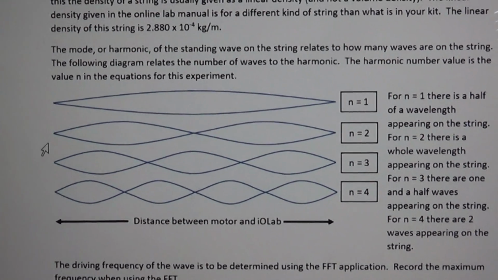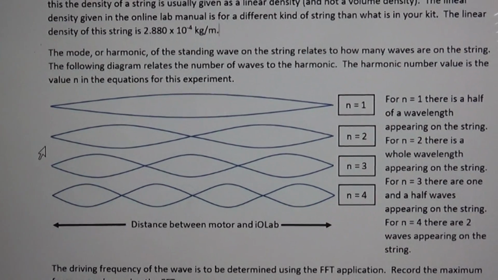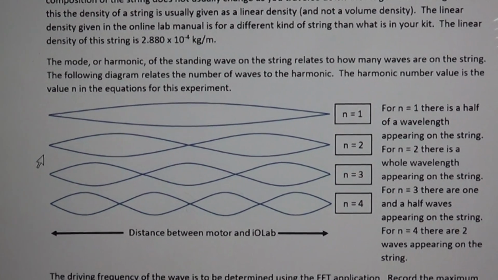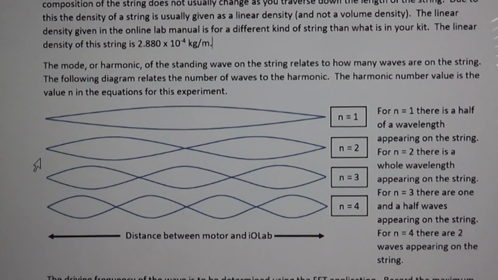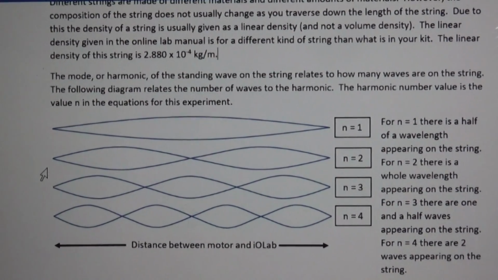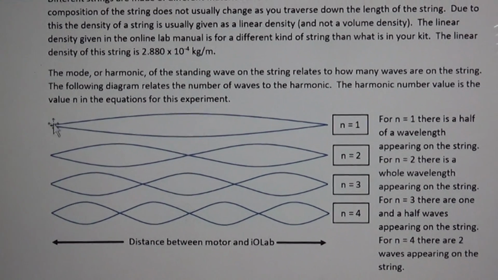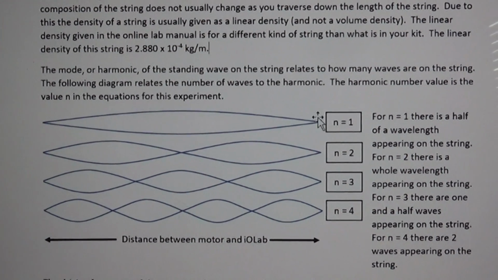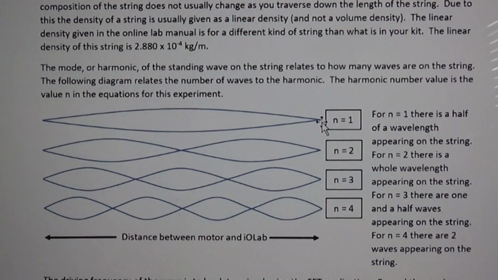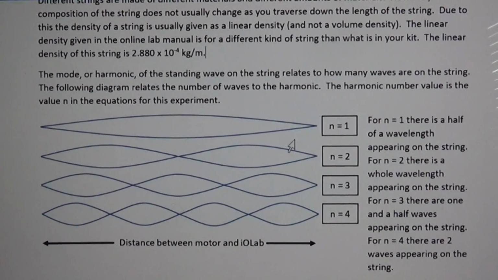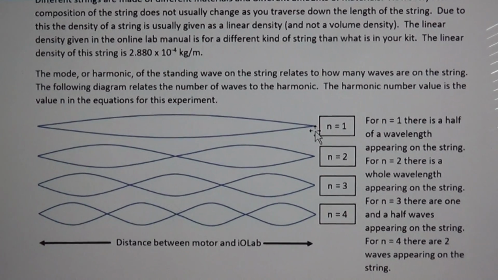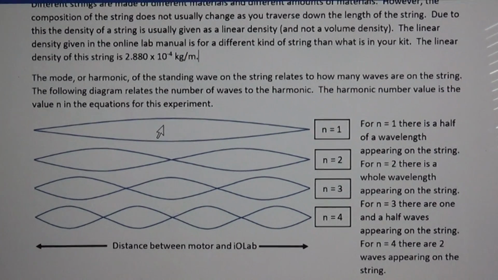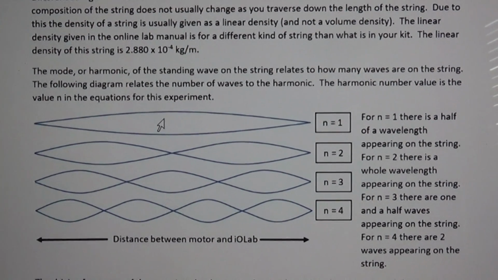A standing wave is basically a wave traveling down the string from the oscillator to a barrier, and our barrier is the eye screw of the IOLAB, where it will reflect backwards and go back and forth, back and forth. If you can imagine, on one side is where the motor is, and on the other side of the string is where the IOLAB eye screw is. A standing wave can be set up depending on the amount of tension you have in the string. Then you have a wave going down, a wave going back, and it keeps going back and forth. When that tension is perfect, you'll get a certain harmonic.